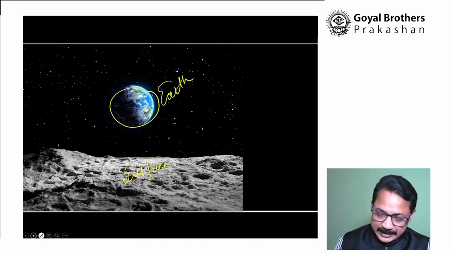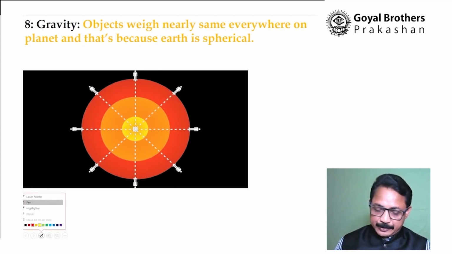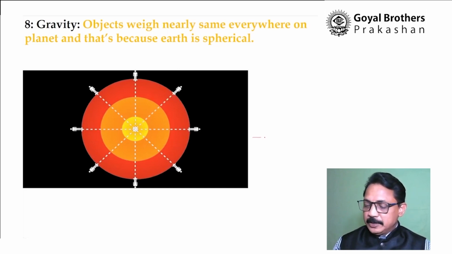Now let us look at one more example, gravity. In physics you must have studied that gravity is a force of attraction. If earth was flat, what would have happened? Let us say here is the center of earth.